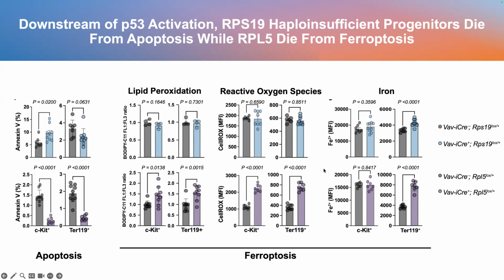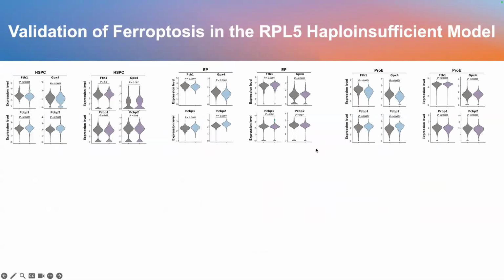So how do we validate this? Of course, we can do microscopy, we can do some elegant staining. I mean, some of you here and Brita, others have done it. But we had already the single cell. So we went back to the single cell instead of pulling more reagents. And here are, on the first line, some pro-ferroptotic, and at the bottom, some anti-ferroptotic, blue RPS19, purple RPL5.